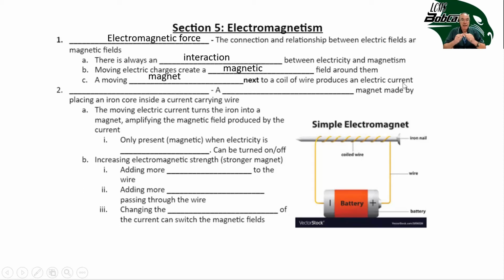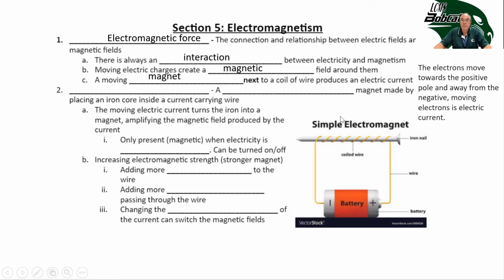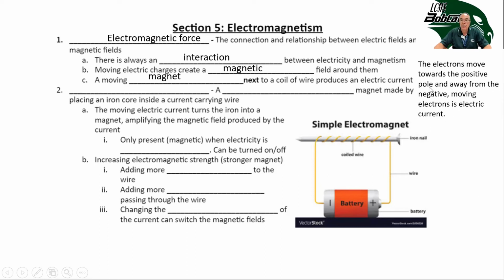Okay, that's because the electrons in the wire are going to be attracted to the positive end of the magnet and repelled by the negative end of the magnet. So they're going to begin moving in the wire to get away from the like pole or move towards the unlike pole. And when the electrons start moving in the wire, they're going to create an electric current. Okay, the electrons always move towards the positive pole and away from the negative pole. Moving electrons is electric current.